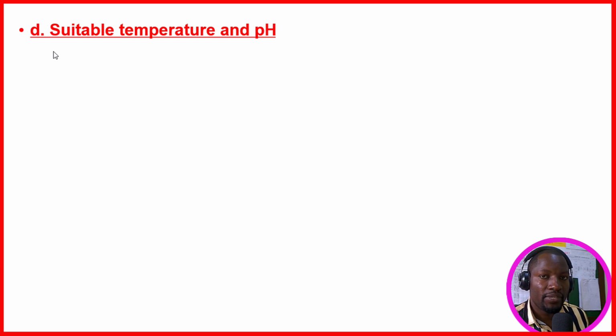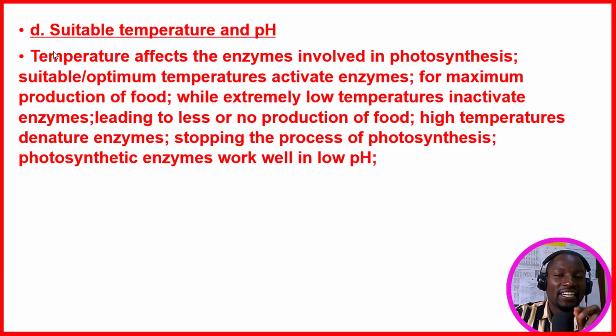Suitable temperature and pH. Whenever we talk about pH and temperature in any reaction, that means that reaction or process is enzyme controlled. That's why you hear the issues of temperature and pH. So in this case, temperature affects the enzymes' activities in photosynthesis.